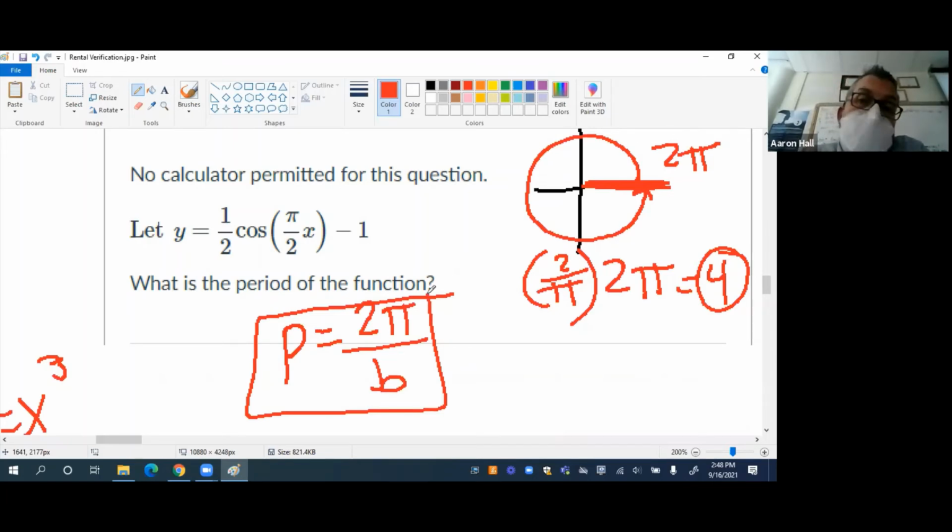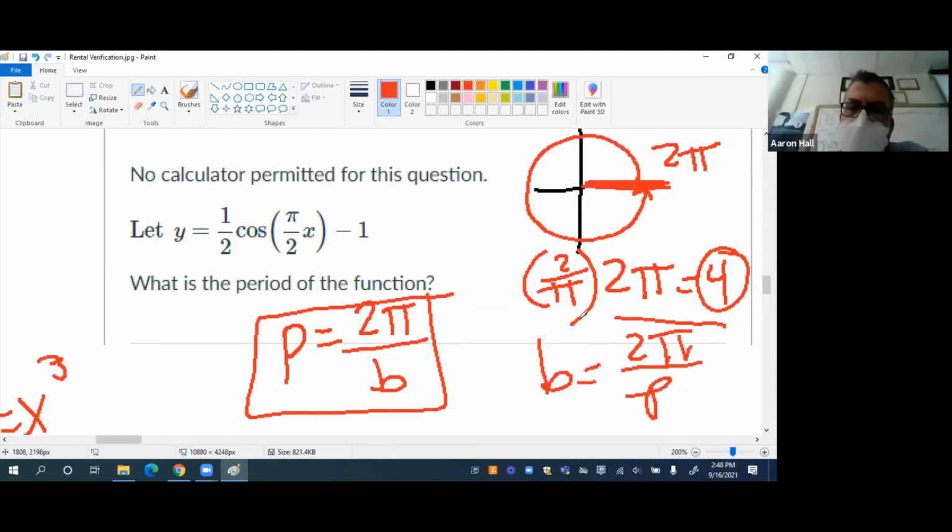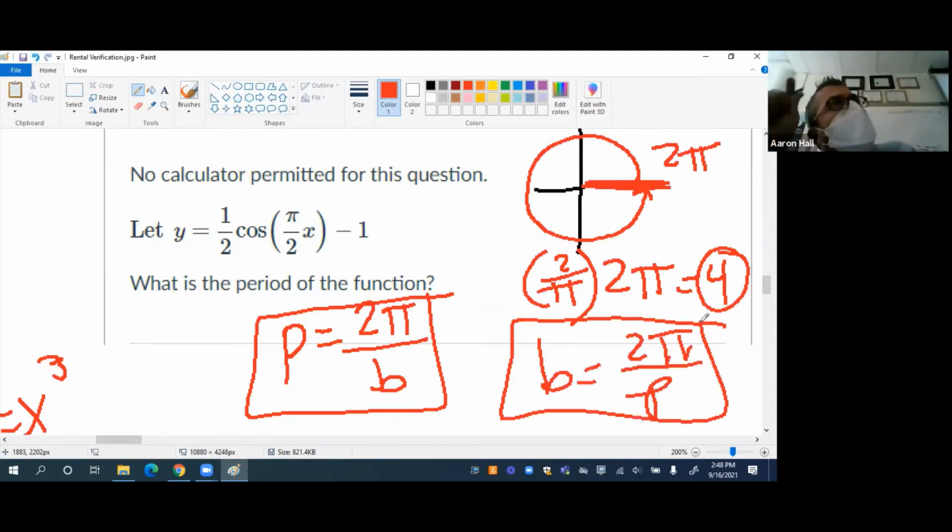What if you're given the period, but you're trying to figure out B? Well, we'd multiply B to both sides and then divide by P to both sides. Doesn't that give us B equals 2 pi over P? If we're given the period and we're trying to find B, does that make sense or not?